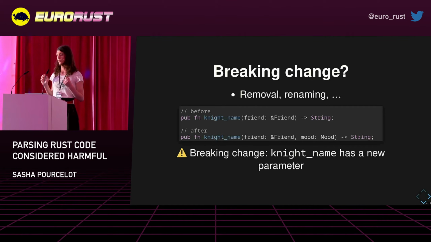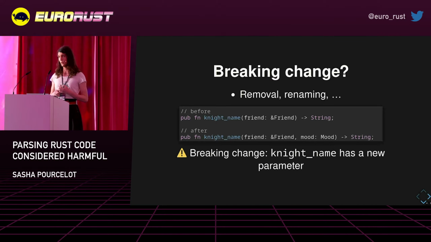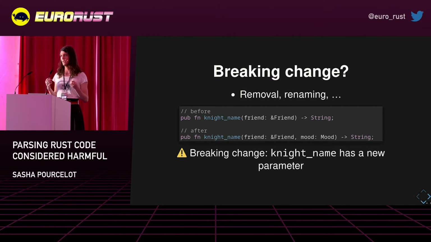So there are a lot of sources of breaking change. The easiest one, which I showed here, is to flag differences in the public API. For instance, here I added a specific mood parameter, which basically makes previous calls to the function night_name just invalid, because you can't call a function which has 2 arguments if you only give it 1 argument.